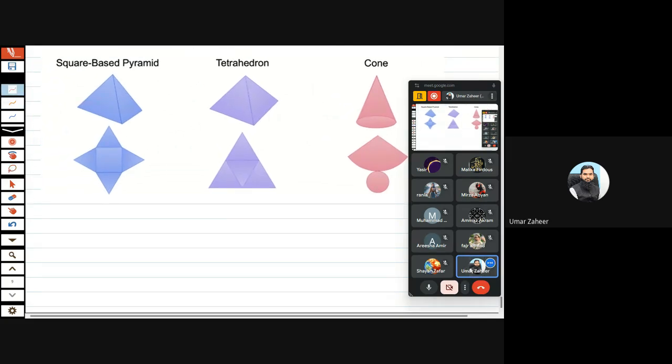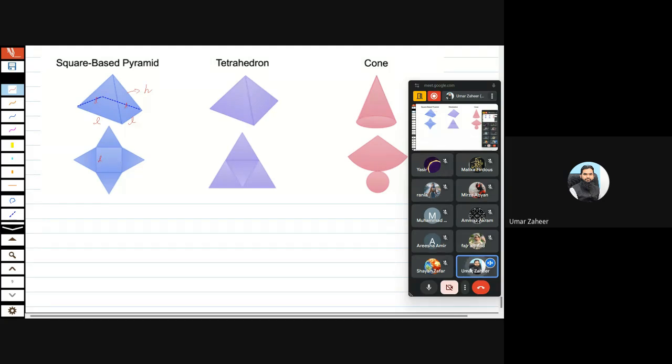All right. In this one, we have the square base pyramid, tetrahedron, and the cone. It is a square base, so it is going to be easier. It is a line here, and we have a square. Obviously, if it is a square, all of these lengths are going to be exactly the same. And these are the inclined heights. Let's say it is H. I have to give the name by myself.